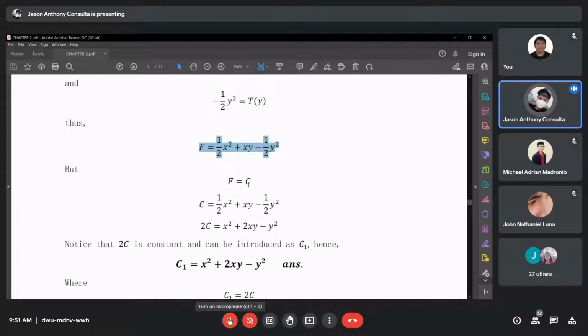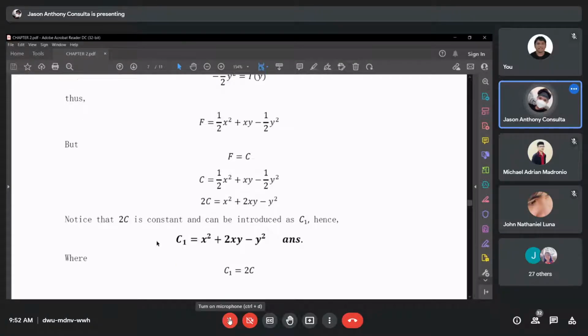So, since f is equal to c, substitute c dito sa f. Then, you can easily get rid of the fraction by multiplying by 2. So, you have 2c is equal to x squared plus 2xy minus y squared.